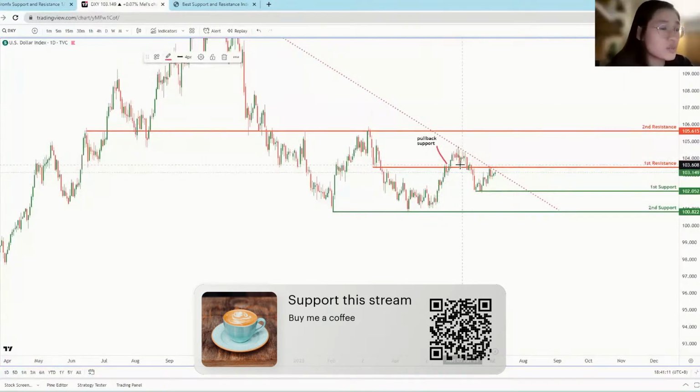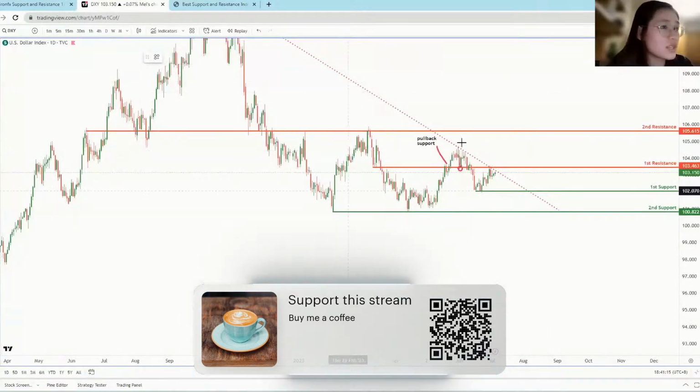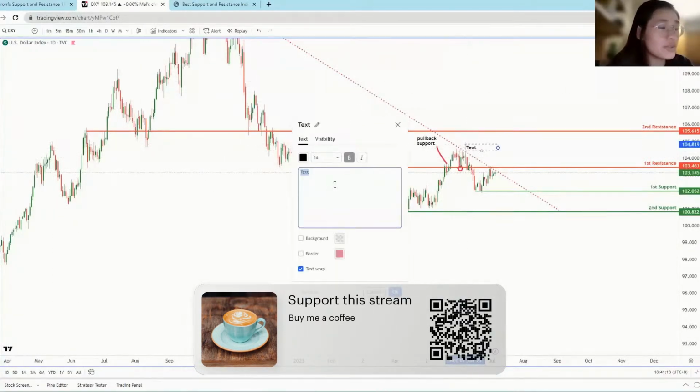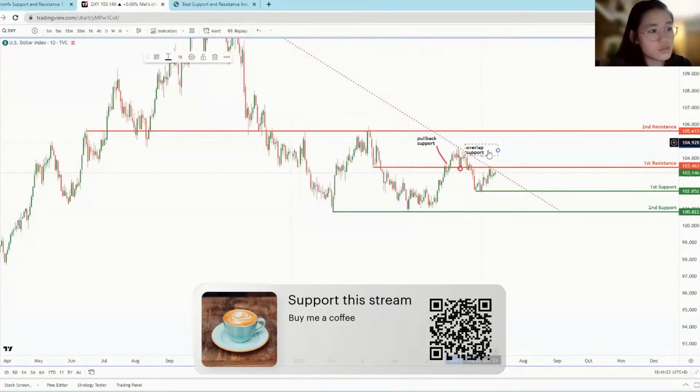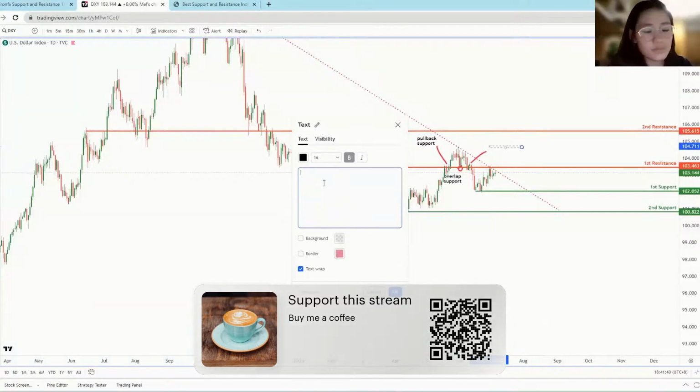Once price, you can see price reversed off of this level, and then it becomes an overlap support. Okay, right at this circle here. But then it bounced off and it cut through again. And at this part where it cuts through the level, then it becomes a pullback resistance.